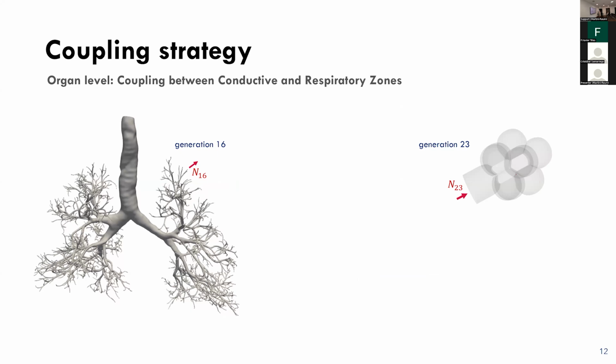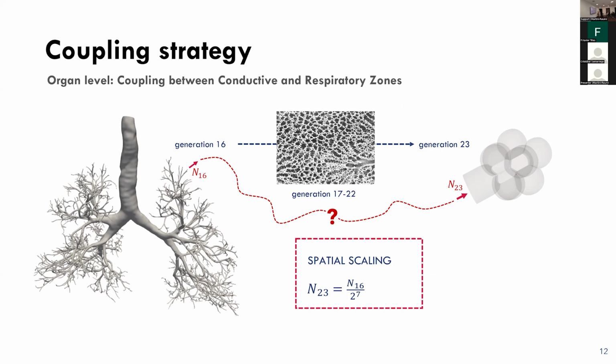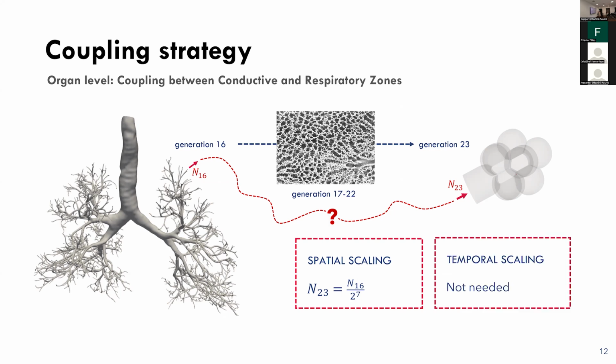This is the conductive zone. And finally, we need to couple with the alveolar sac. This has a gap that we have not addressed, which is from the 16th to the 23rd generation. So for the moment, what we did is a simple spatial scaling, considering this dichotomous behavior, but in this case, temporal scaling is not needed.